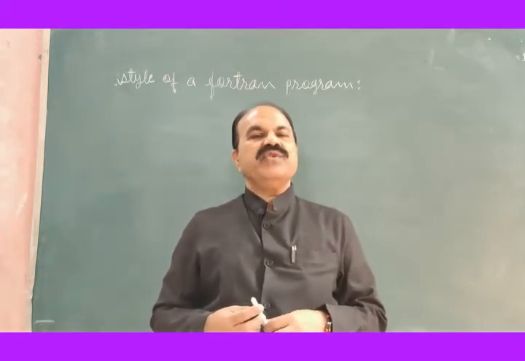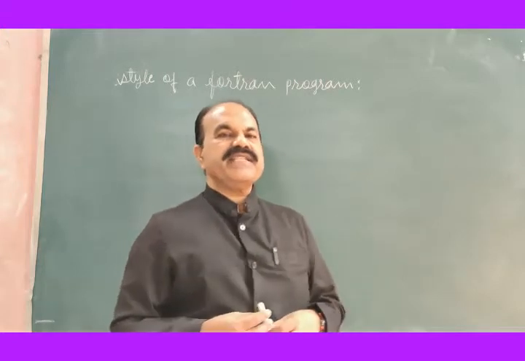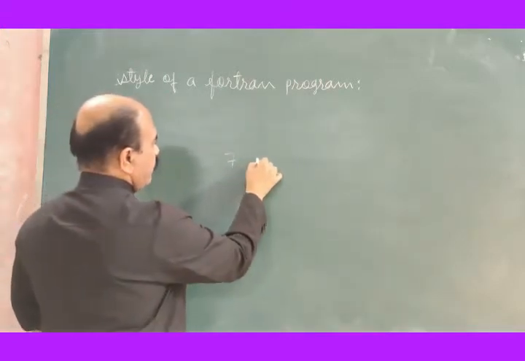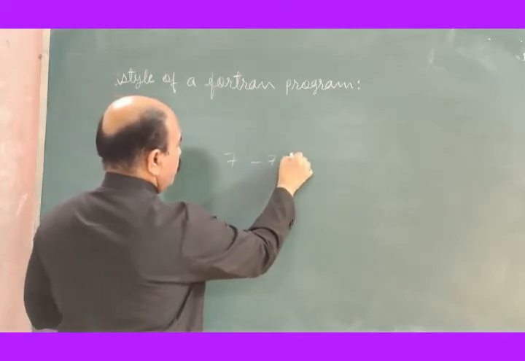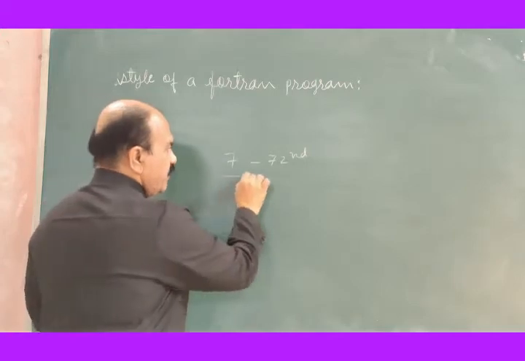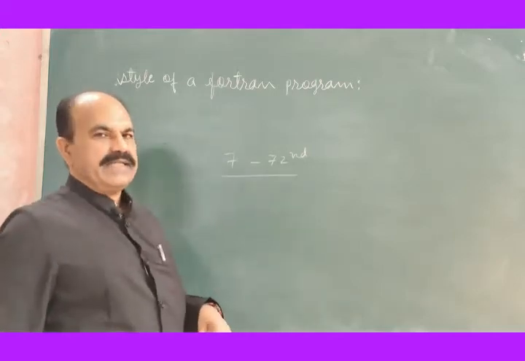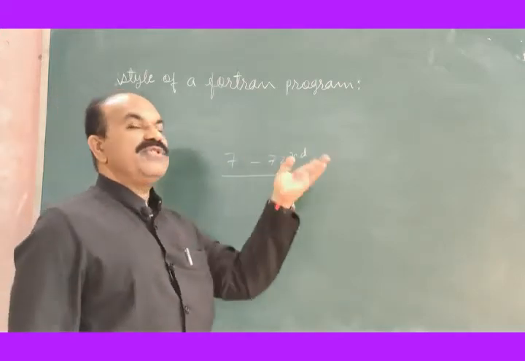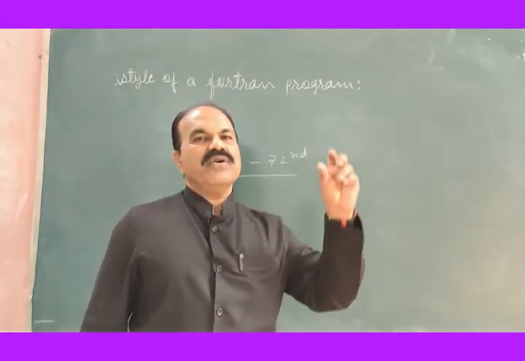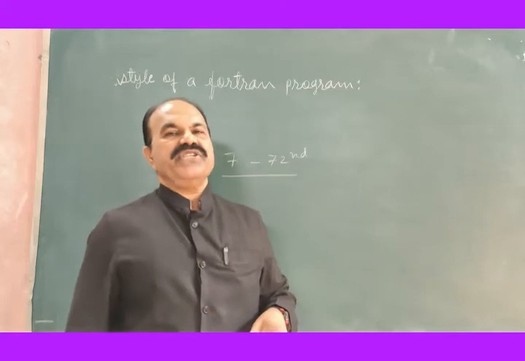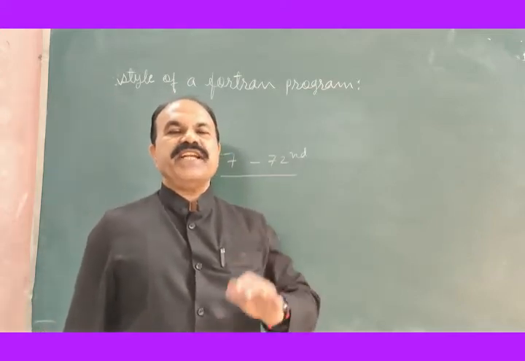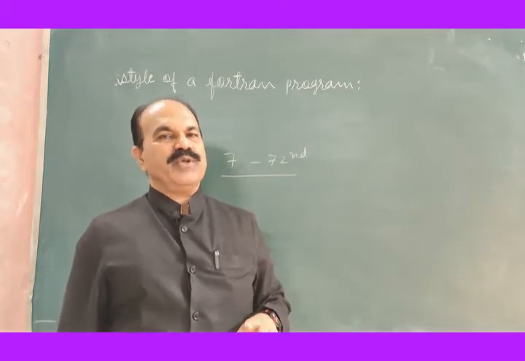Column number 7 to 72nd. These columns on every line of the coding sheet are used for the statements of Fortran program.